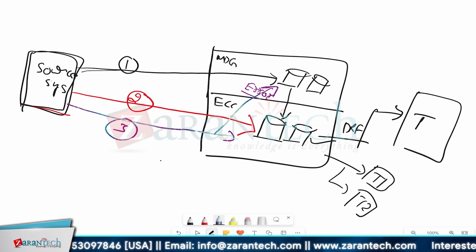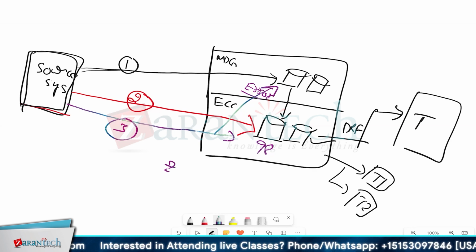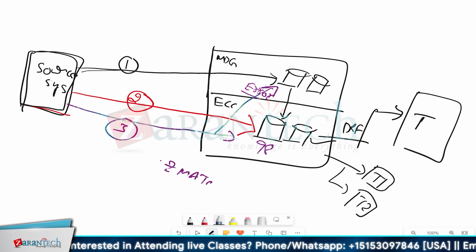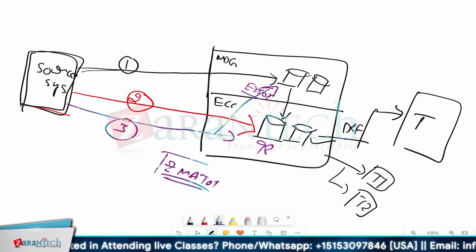But if you choose the third option, it will post all the 98 records correctly. There are 2 records that failed. For those 2 records, the system will automatically launch a CR process. Only for the failed records, the system will launch the CR process, and that CR will be assigned to some approver. You configure a workflow in such a way that, let's say, ZMAT01 is the CR type which you configured.